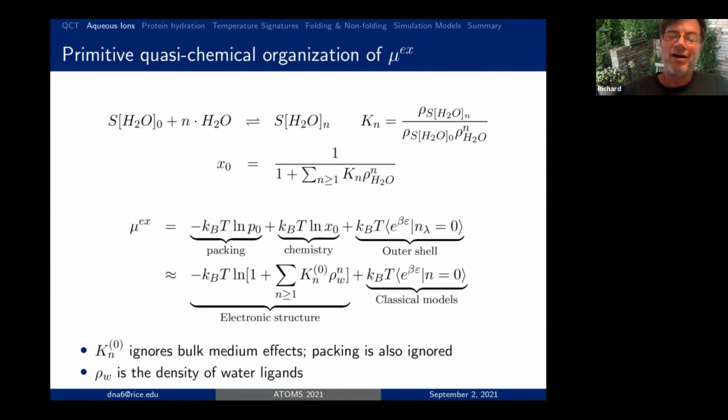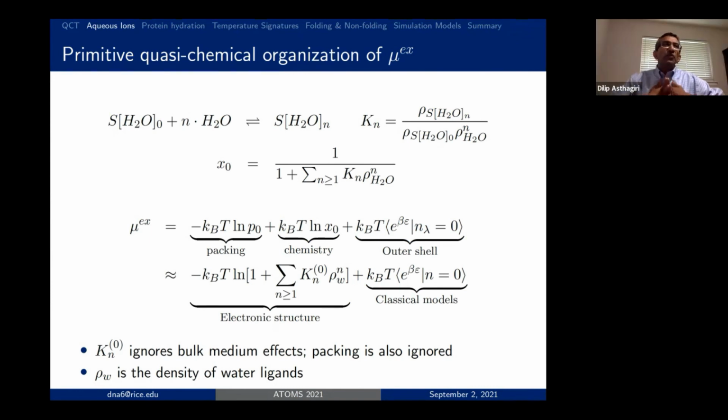So, I have studiously avoided COSMO-RS for different reasons, because the whole idea of COSMO-RS trying to partition electron densities and so on, having done electronic structure, I find it very difficult to comprehend.